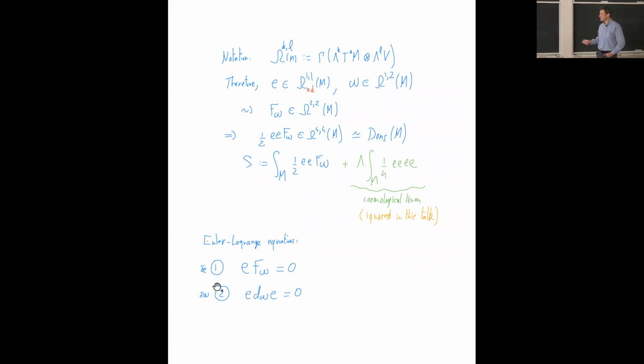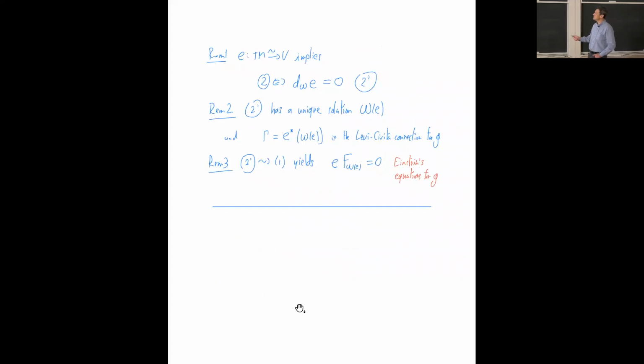This equation has a unique solution: given E, there is a unique omega of E that solves it, and it's the one that corresponds to the Levi-Civita connection. Then you have the other equation, which corresponds to Einstein's equation. So this is the end of the story.